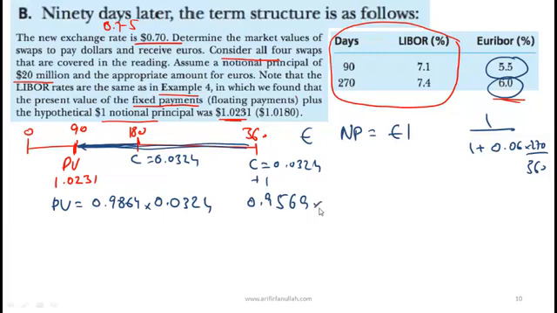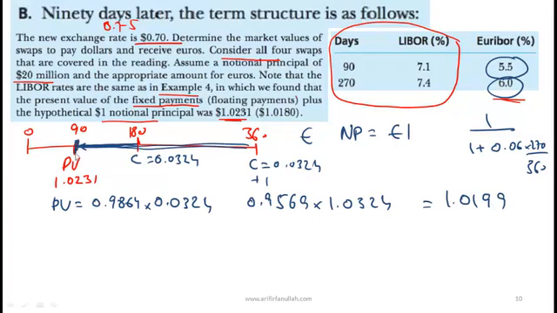This is multiplied by what? 1.0324. When you add these up, the sum of this and this is the present value for €1 of notional principal, which is 1.0199. So do you get this?